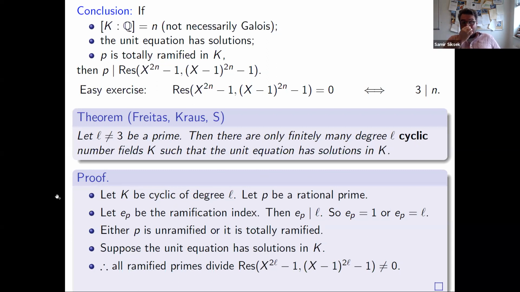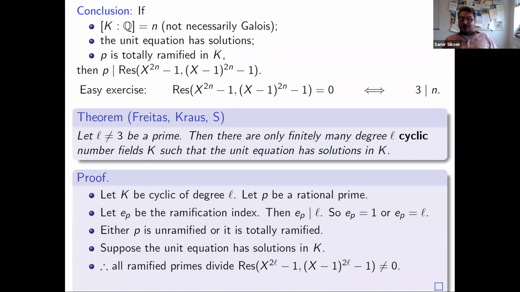So if I take K to be cyclic of degree L, P a rational prime, and I'm going to take e_P to be, I'm just now momentarily doubting whether this is called the ramification index or the ramification degree, but anyway, this e_P divides the degree L, and so it must be 1 or L. If it's 1, then P is unramified.